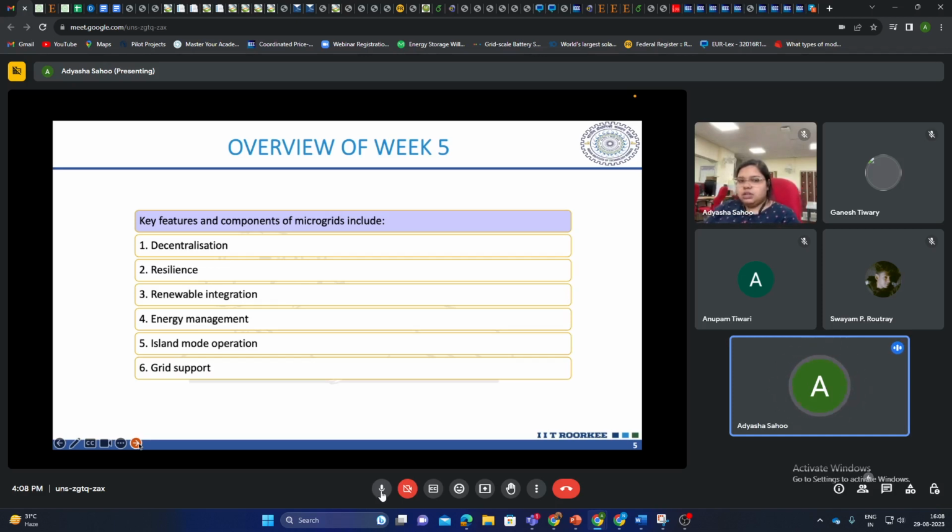Secondly, we have resilience. Resilience in the context of a microgrid means that whenever we have a fault on the grid side, these microgrids can isolate themselves from the faulty section, and then the localized generating sources in these microgrids can provide power to the critical loads and ensure uninterrupted power supply to them.